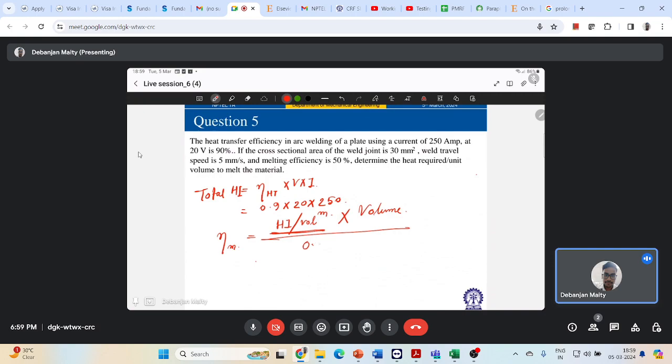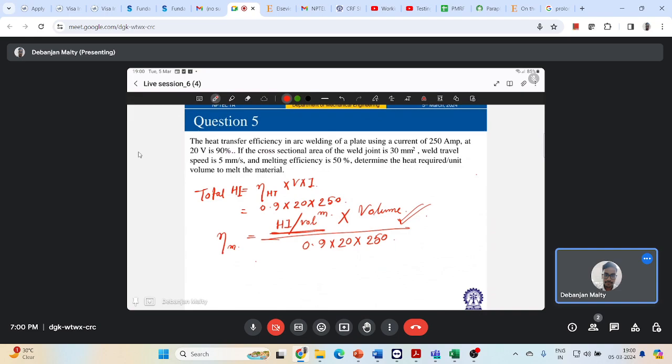And that divided by 0.9 into 20 into 250. And then I have provided the cross-sectional area of the weld joint, and the weld travel speed as 5 mm per second. So I can find out the volume of the melted material, right?